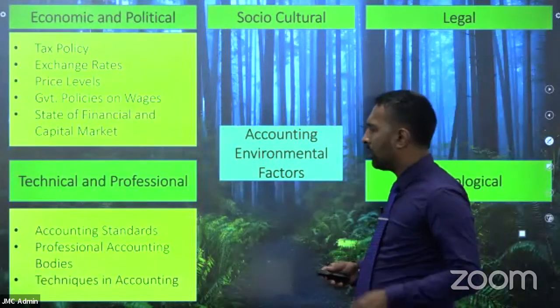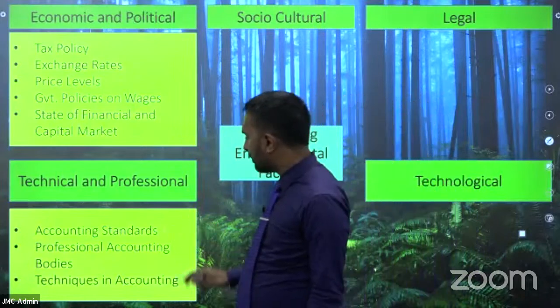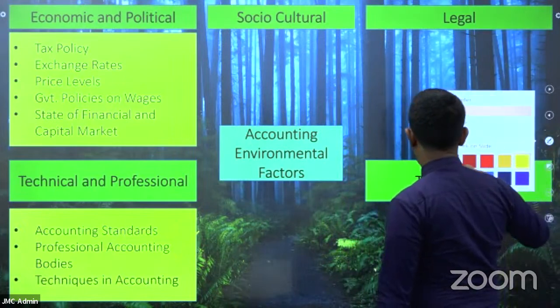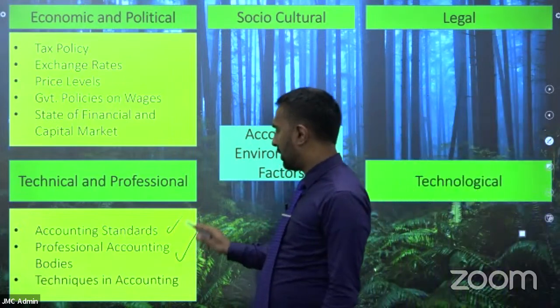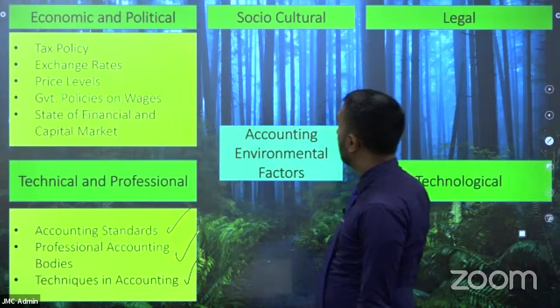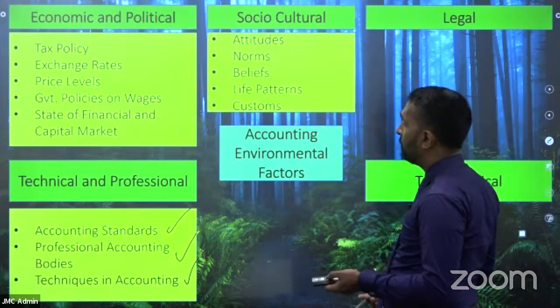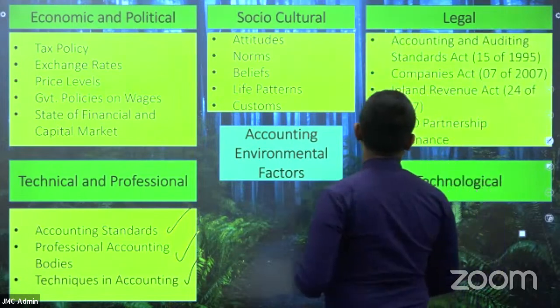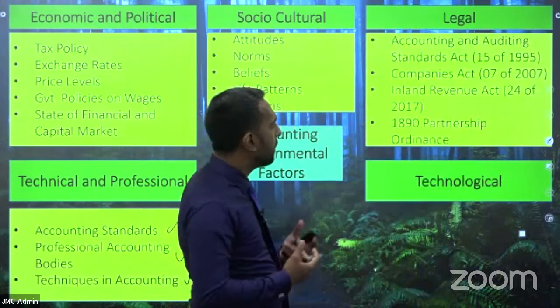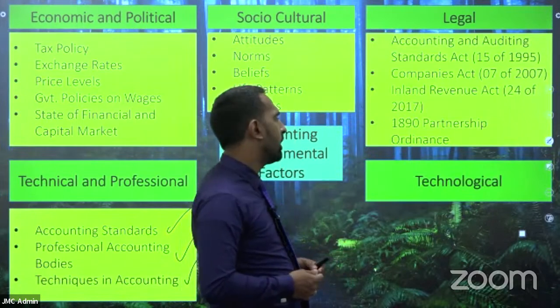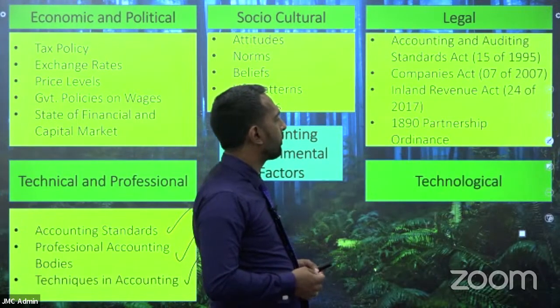Then technical and professional accounting standards, right? Professional accounting bodies like the Chartered Institute of Sri Lanka, and the techniques in accounting. Socio-cultural: your attitudes, norms, beliefs, life patterns. Legal: the Accounting and Auditing Standards Act, Companies Act, and the Inland Revenue Act, the 1890 Partnership Ordinance, right?